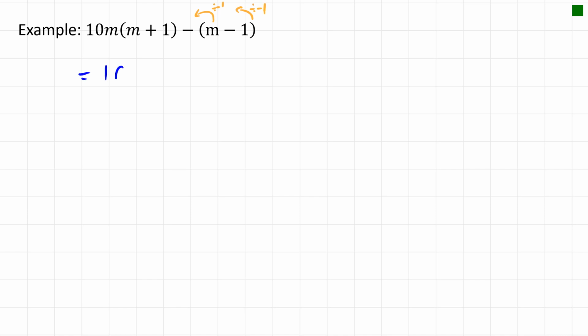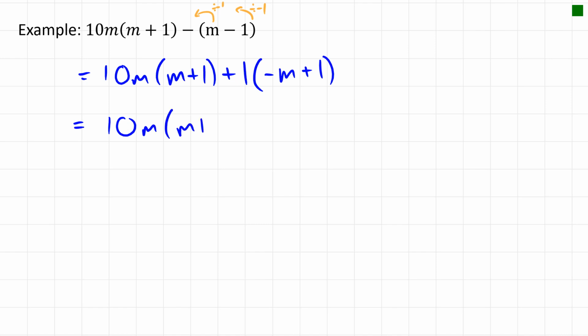Well, I'd get 10m times m plus 1, and then pulling off a negative 1 from each term would mean I have minus negative 1 or plus 1, and then I would have negative m plus 1 in the brackets.